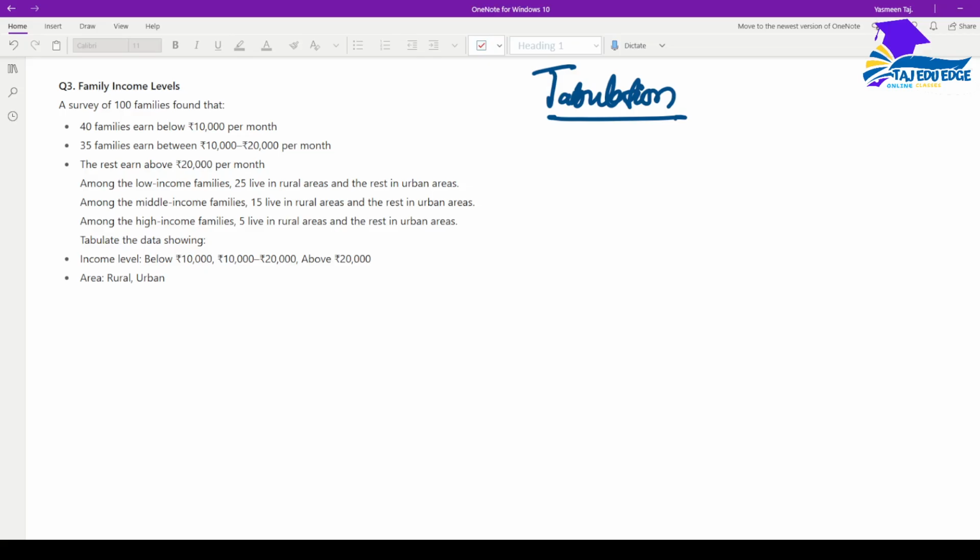Among the middle income families, 15 live in rural areas and the rest in urban areas. Among the high income families, 5 live in rural areas and the rest in urban areas. Tabulate the data showing income level, that is below 10,000, 10,000 to 20,000, above 20,000, and area, rural and urban.